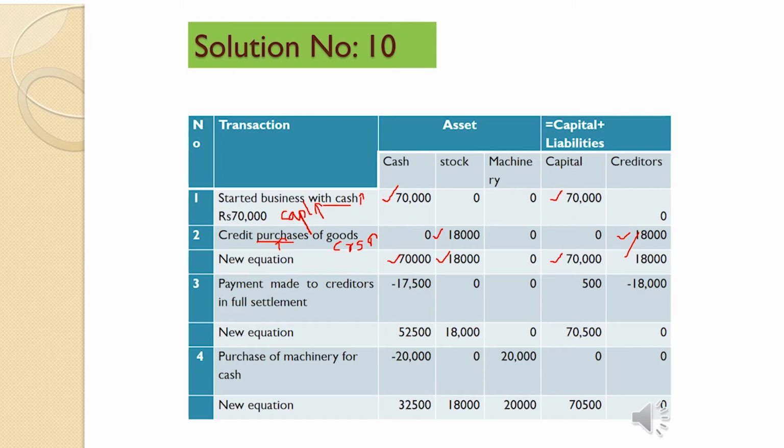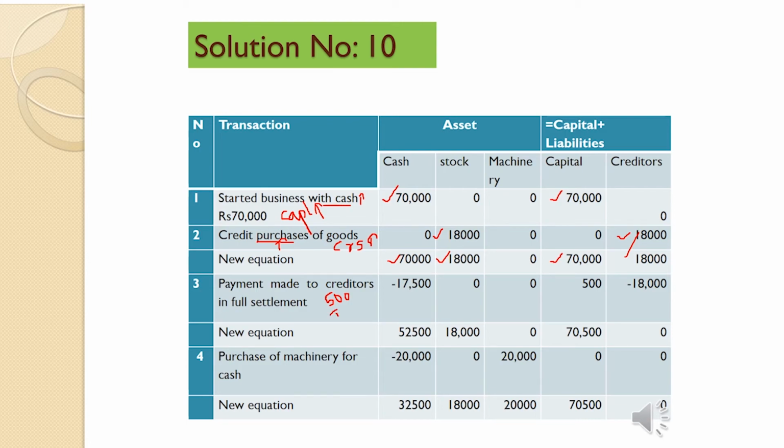The next transaction is payment made to creditors in full settlement. We settle the amount. Actually, 18,000 is the actual value, but we have to pay only 17,500. The difference between these two, 500, is the discount received. That is a revenue for us, so that amount is added to the amount of capital.